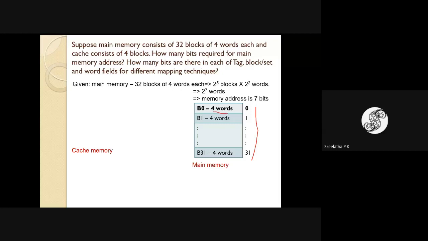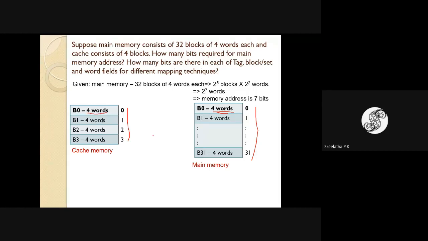This is main memory. And cache memory consists of 4 blocks. Only 4 blocks are there, 0 to 3, and each block contains 4 words. If it is 4 words here, here also it is 4 words only.